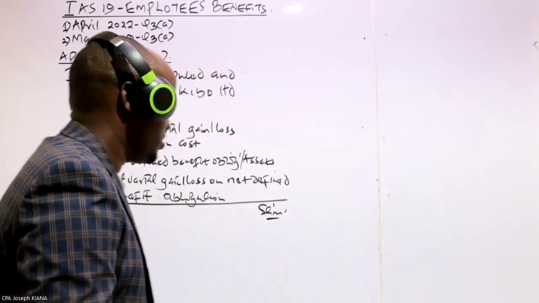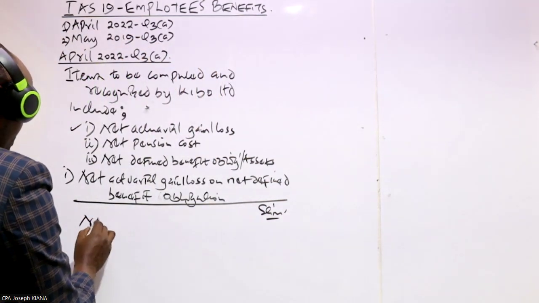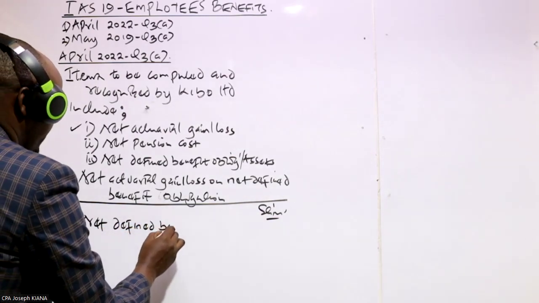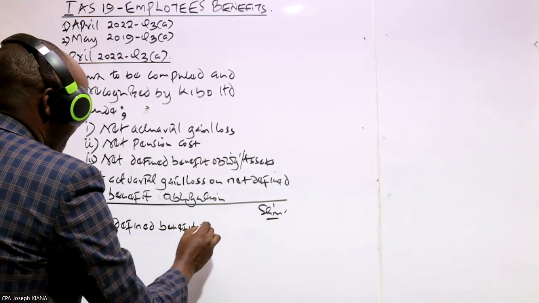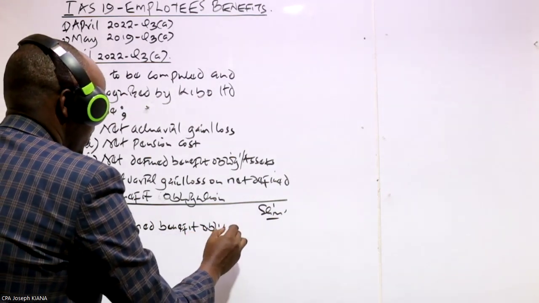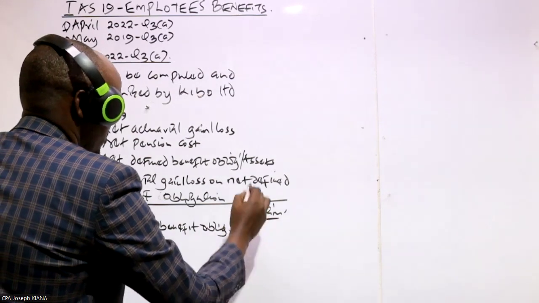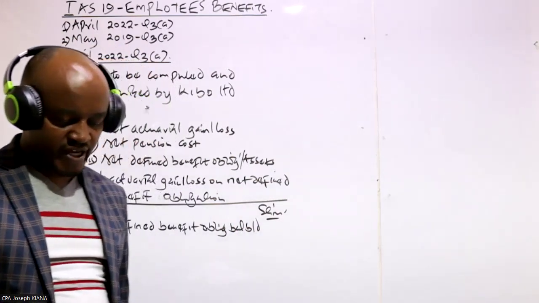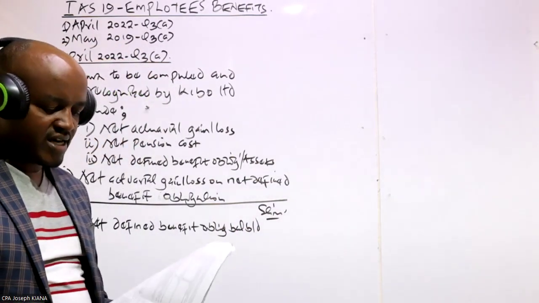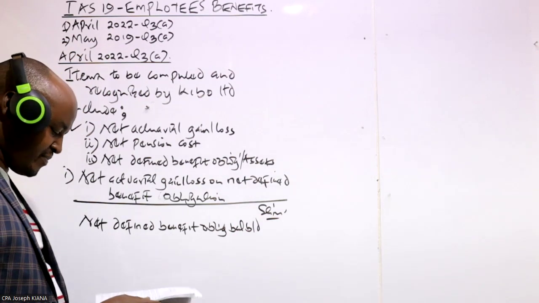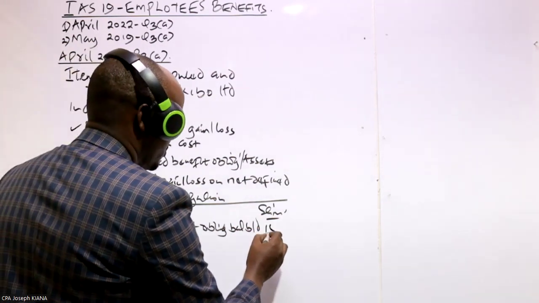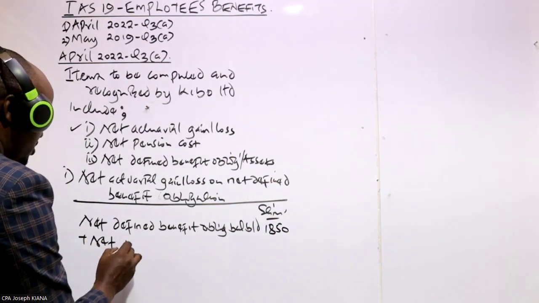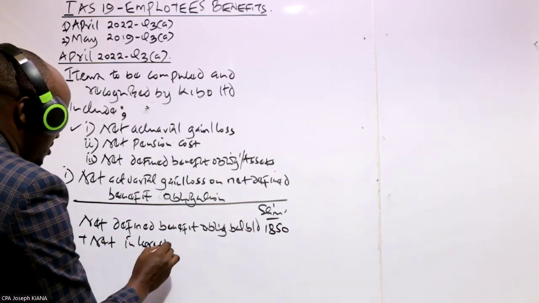So we start with the net defined benefit obligation balance brought down. That is the net defined benefit obligation as at the start of the year. And this is given at paragraph 1, whereby you're told the net defined benefit obligation at the start of the year was 1850.